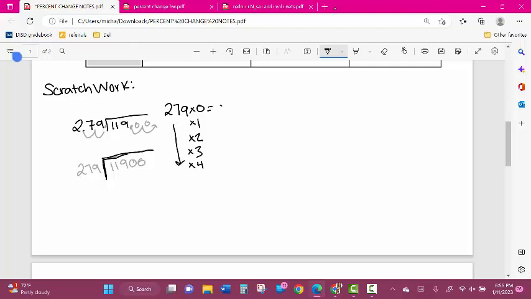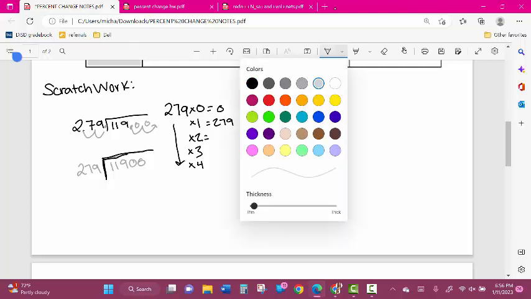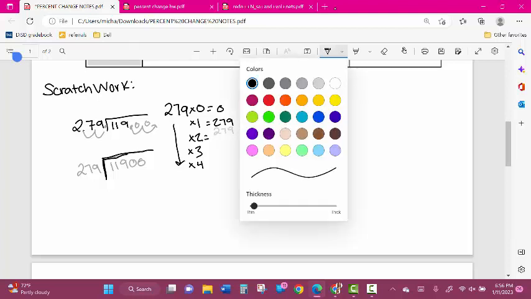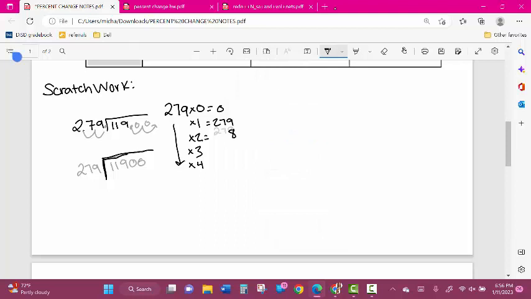Any number times 0 is 0. Any number times 1 is itself. And then we just keep repeatedly adding 279 to itself, right? So plus another 279. 9 and 9 makes 18. Carry the 1, right? So 7 and 7 is 14, plus the 1 we carried would be 15, plus the 1. 2 and 2 is 4, plus the 1 is 5.